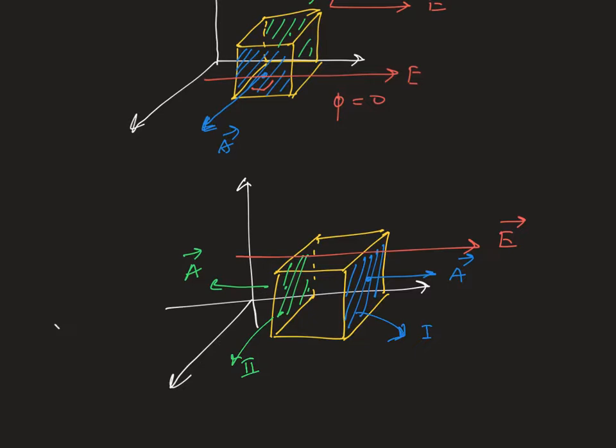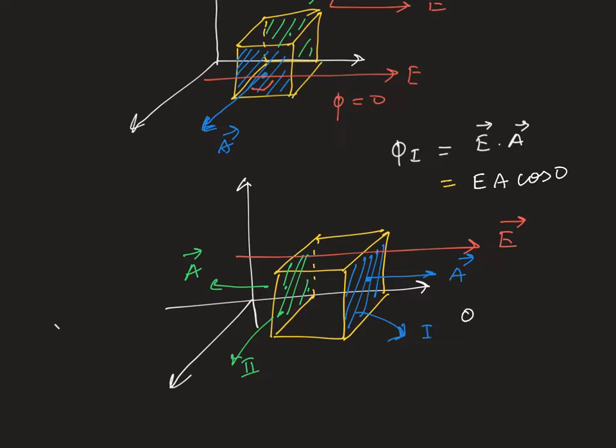So the flux through face 1, I'll mark it as phi 1, will be E dot A, and that will be equal to E into A into cos 0. You can see what cos 0 is. Cos 0, why? Because they are parallel, area is along the positive x-axis. Or you can write it the other way around.